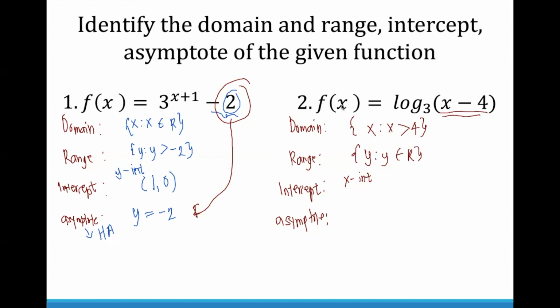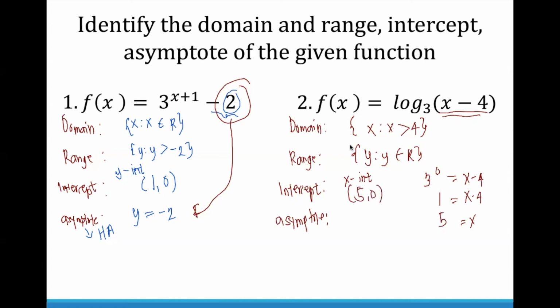So we let y be 0. This is 3 raised to 0 equals x minus 4. Recall, anything raised to 0 is 1. So we have x equals 5. So the x-intercept is (5, 0).